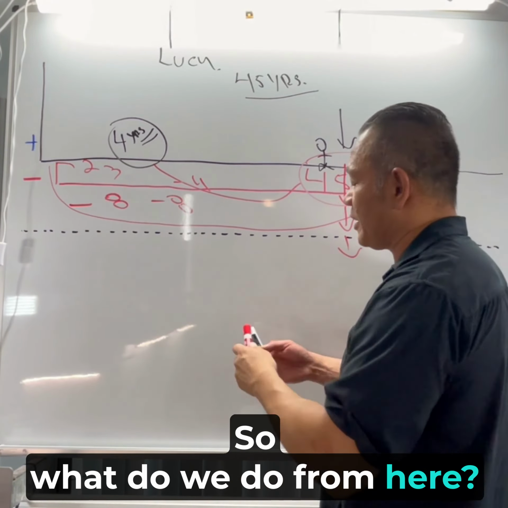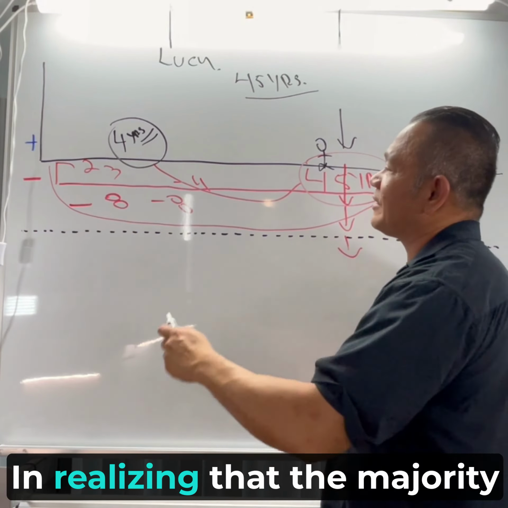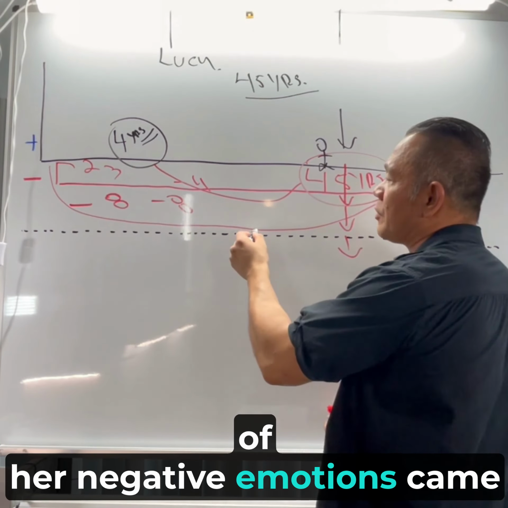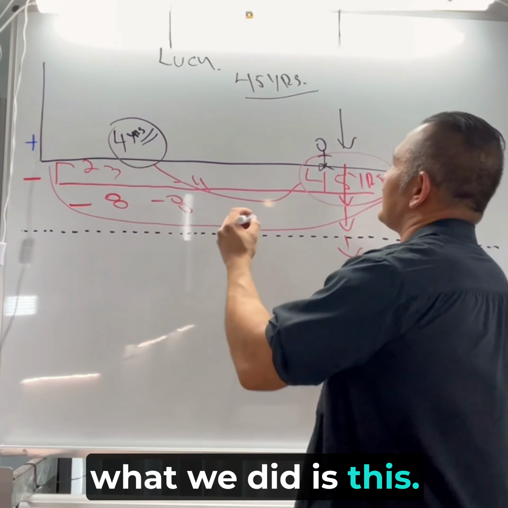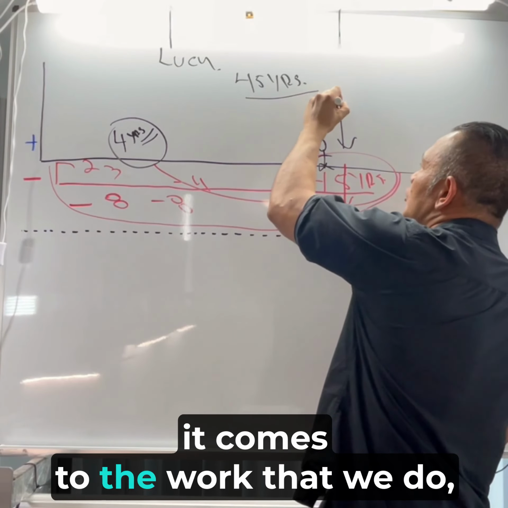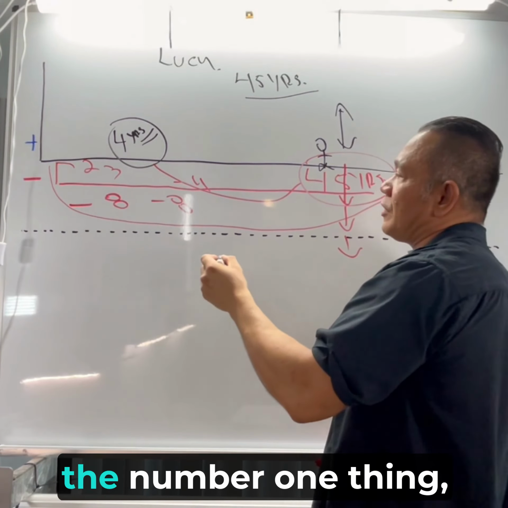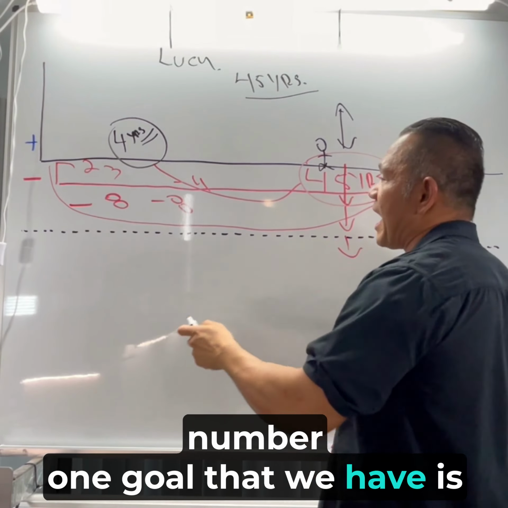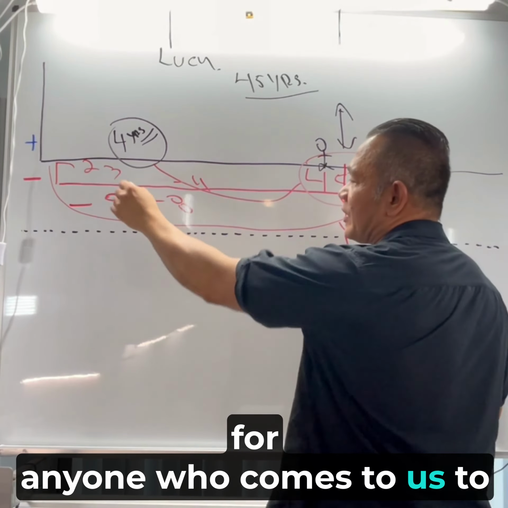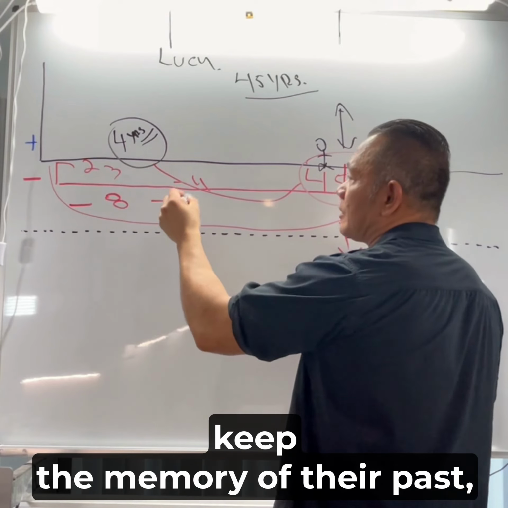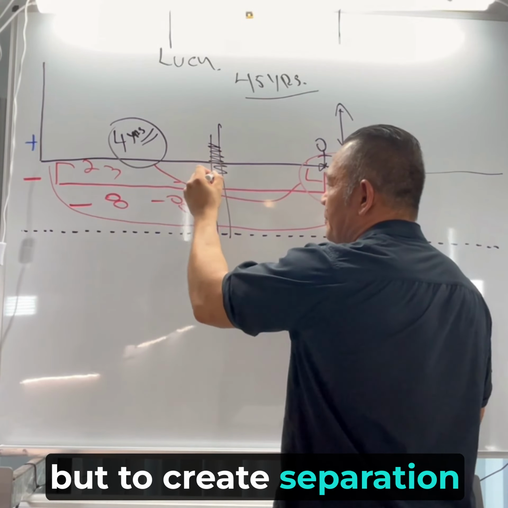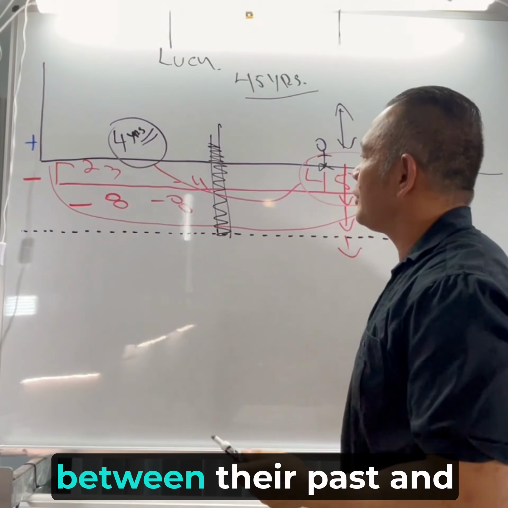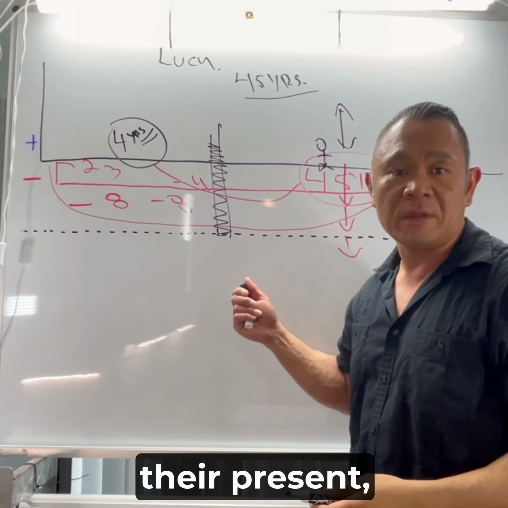So what do we do from here? In realizing that the majority of her negative emotions resides from her parents, what we did is this. We helped her realize that when it comes to the work that we do, the number one goal that we have for anyone who comes to us is to keep the memory of their past, but to create separation between their past and their present.